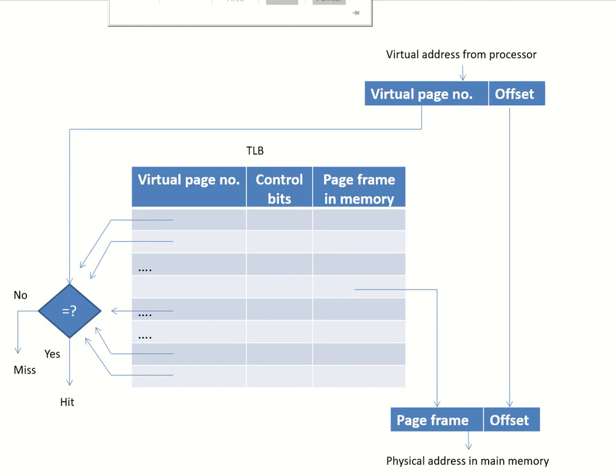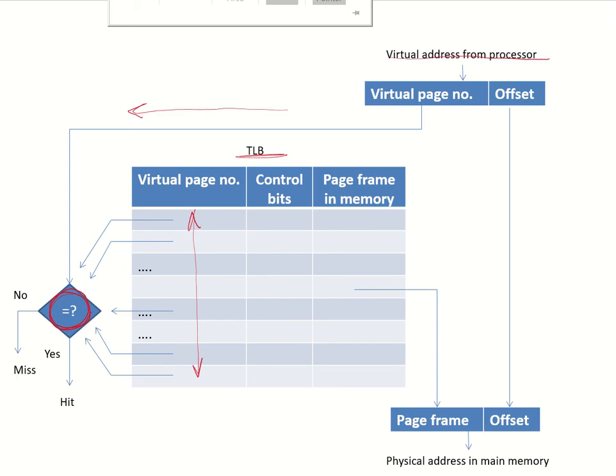So any address now which is generated from the processor, the virtual address, before being sent to check in the page table, is first checked in the TLB, which is lying in the MMU. So this virtual page number is first checked with all the page numbers that are available in the TLB, and it is seen whether this page number exists in the TLB or not.